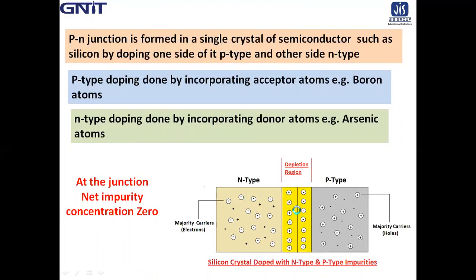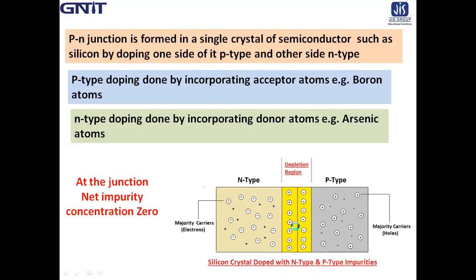And the junction is located at a distance from the surface where p-type meets n-type, that is, where the net impurity concentration is 0. The doping may be done to form a PN junction by several techniques such as diffusion, ion implantation, and epitaxial techniques.